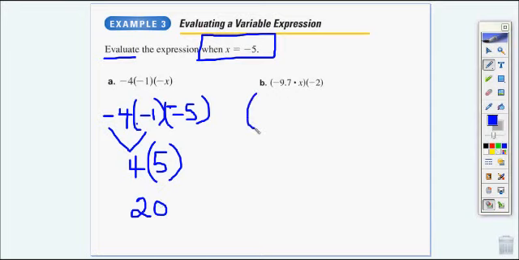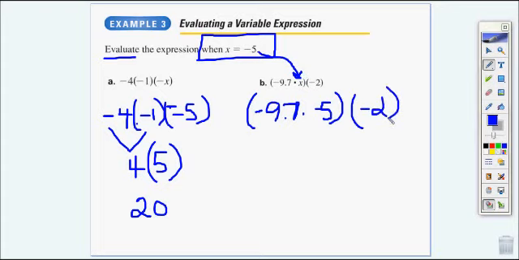All right, let's see if I can do a better job writing this one. Negative 9.7, it's going to be times a negative 5, just substituting in for an x this time. And then that's going to be times a negative 2. A negative times a negative is going to give me a positive.